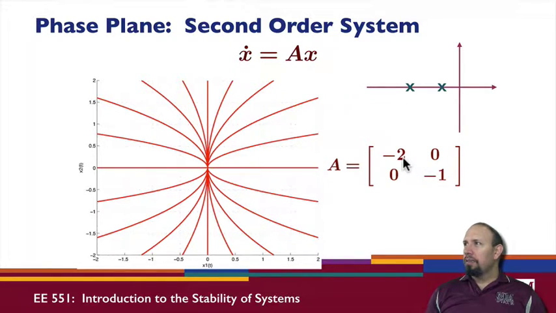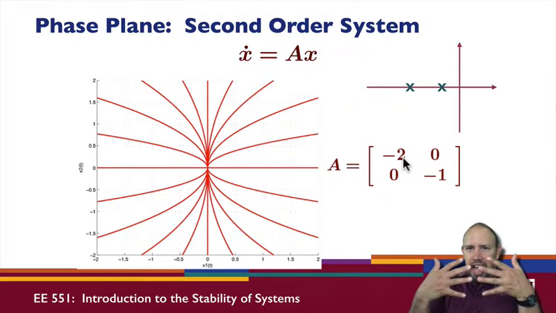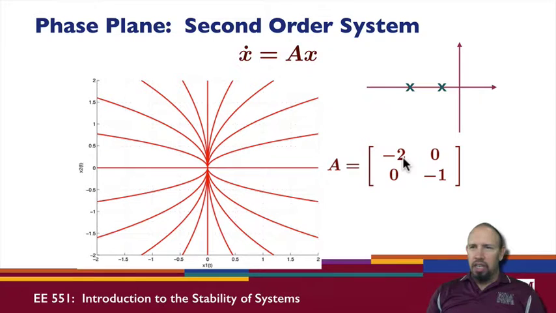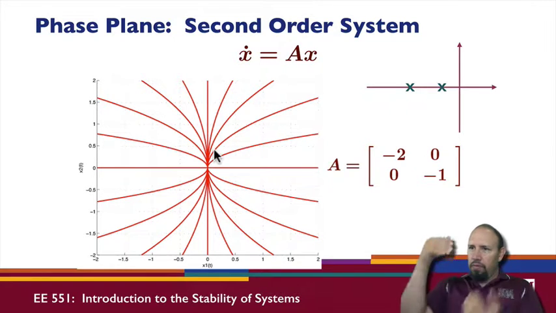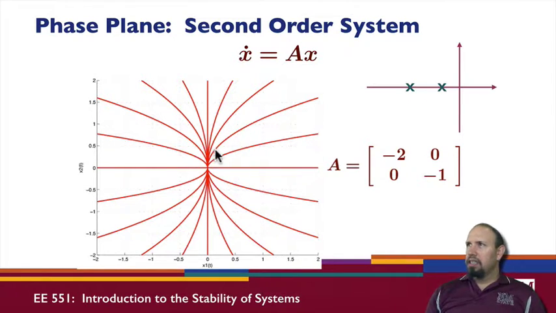That means the convergence in the x1 direction is faster than the convergence in the x2 direction. And so that's why we get this kind of response. Notice at this point, it's heading both this direction and that direction, but it's just heading faster in this direction than in that direction, and so forth.